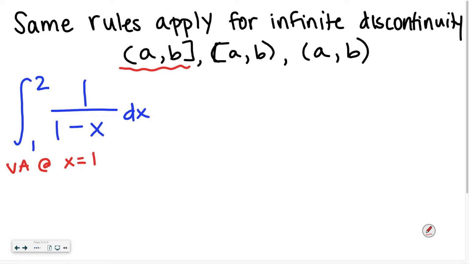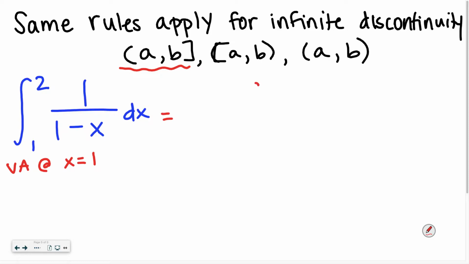Where the left side of our interval is open, right? Because we can't include 1. So this is what's going to happen.